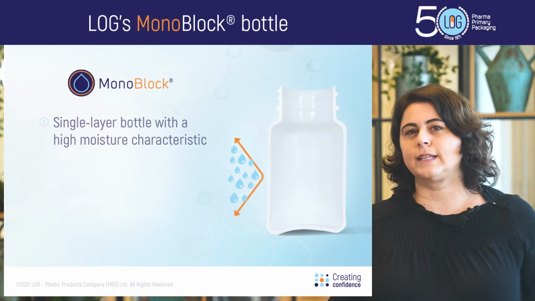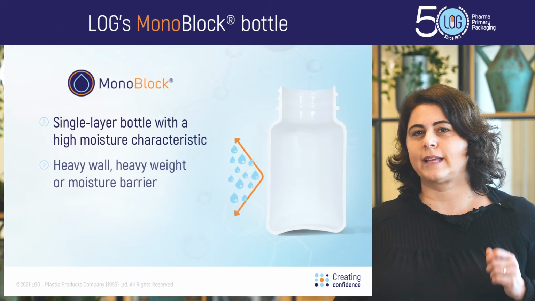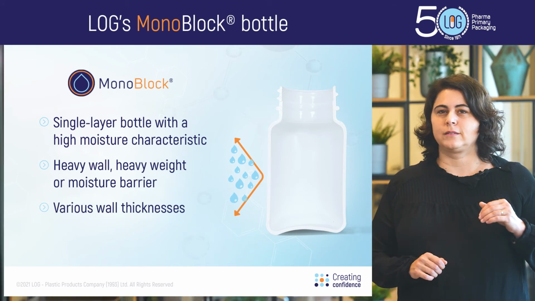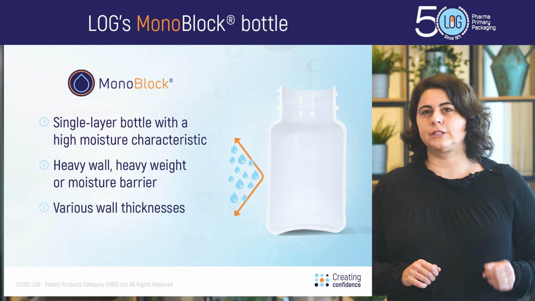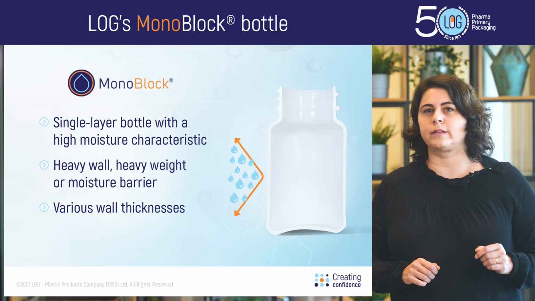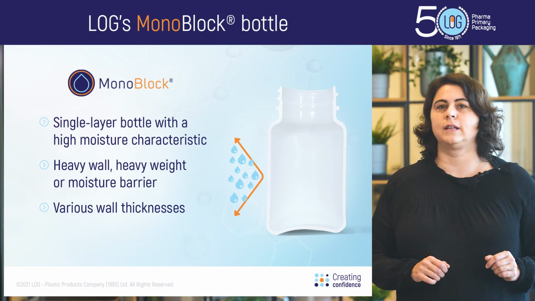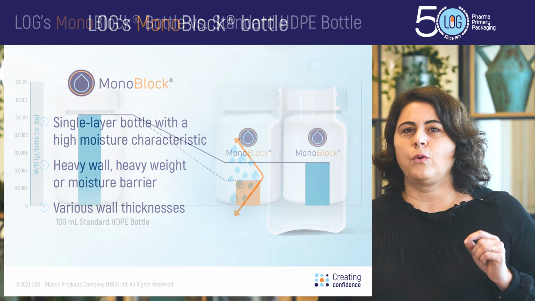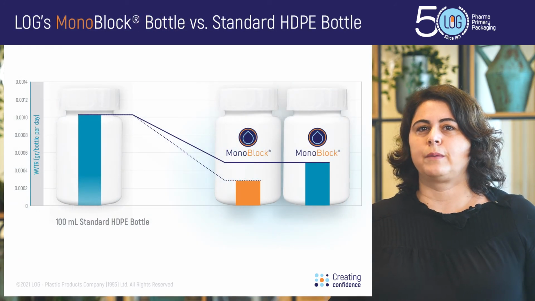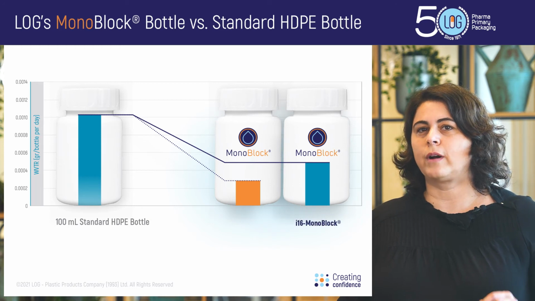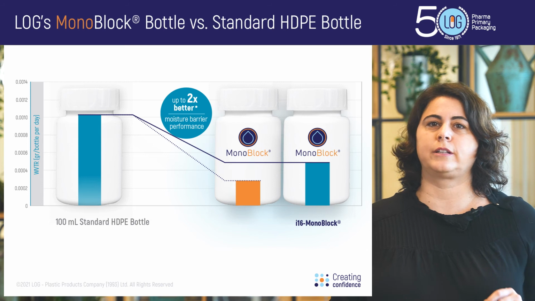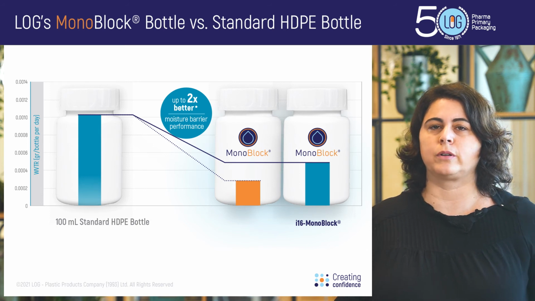Monobloc is a single layer product. It is a heavy walled and heavy weighted product. To better support your need, we suggest considering lower wall thicknesses over higher thicknesses, but both are available on your demand. When we test the rate of water vapor permeation, the Monobloc I16 products can give you up to twice as much protection than standard HDPE products.